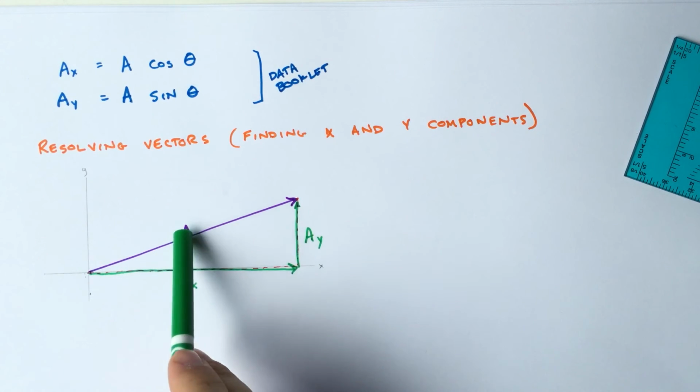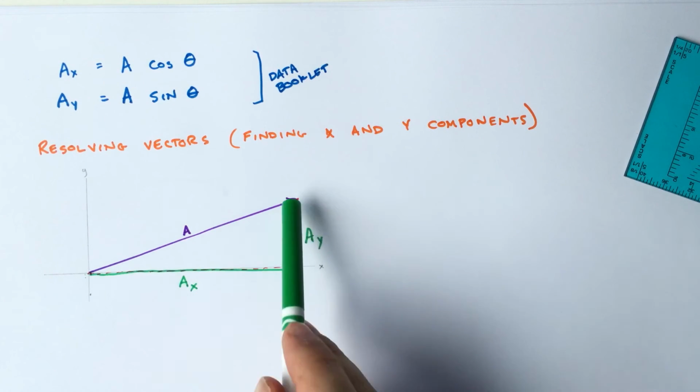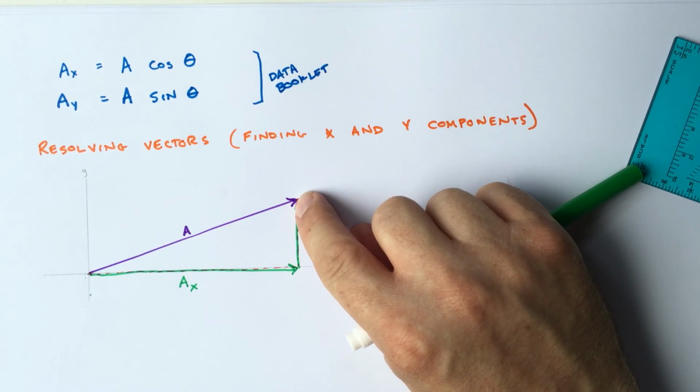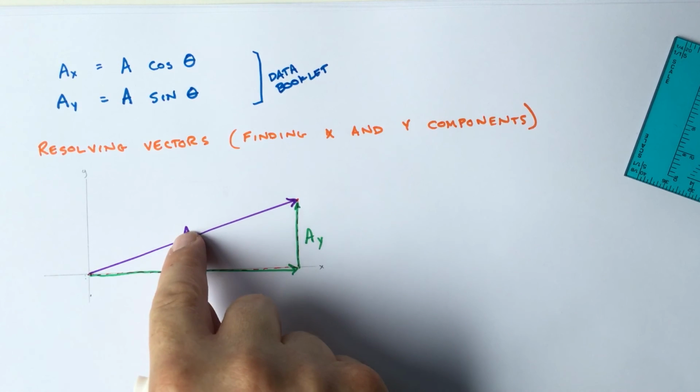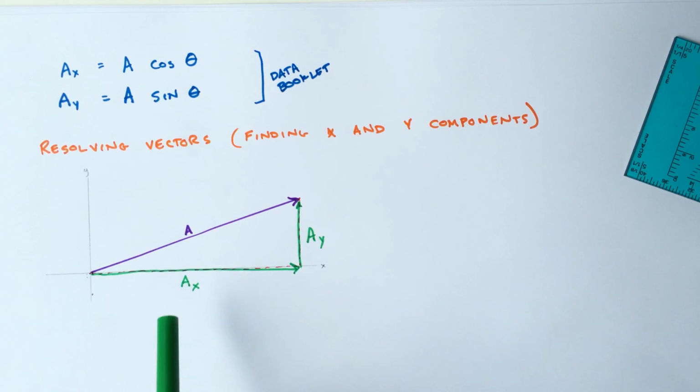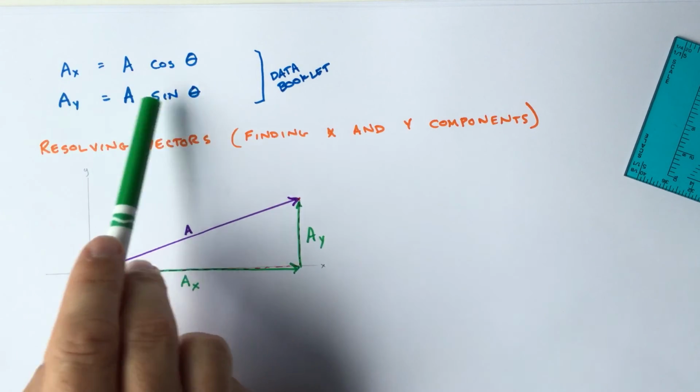So I could replace A with these two vectors and they would give me the same result. These two are identical to this one by itself. And how could I figure out what the components of this vector are? Well, that's where these equations come into play.